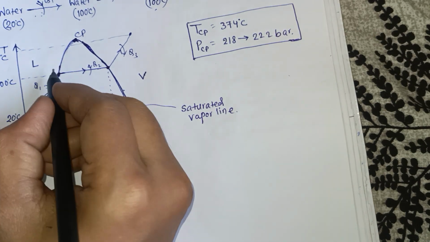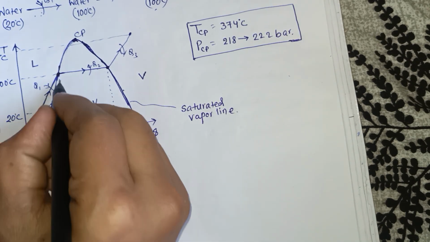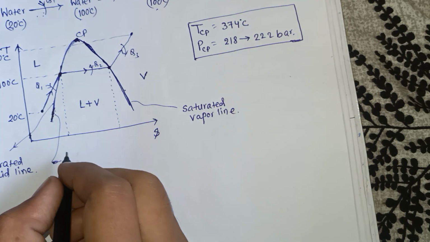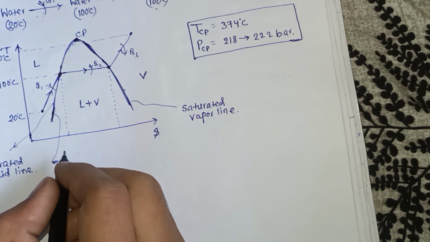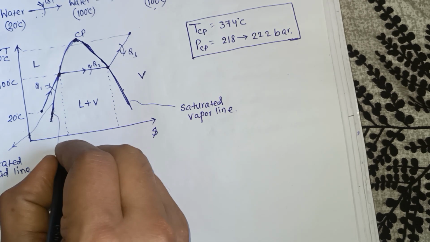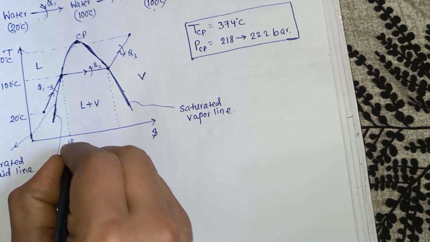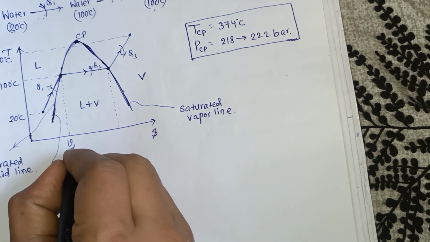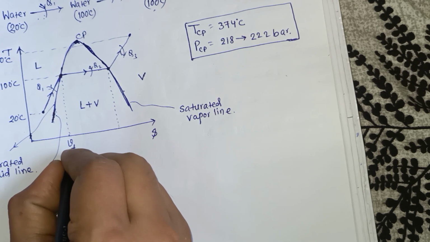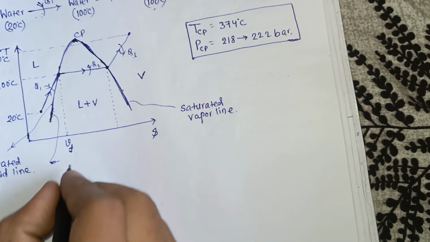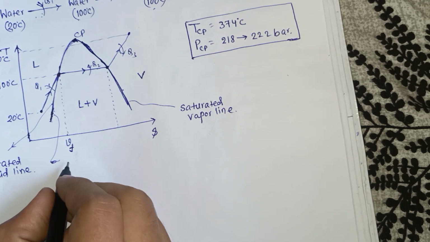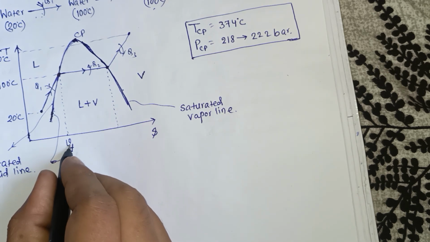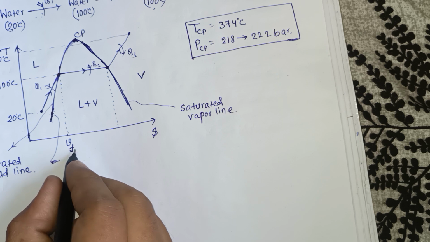Suppose you want to calculate the specific volume of this fluid, denoted Vf. You can find it using the steam table.